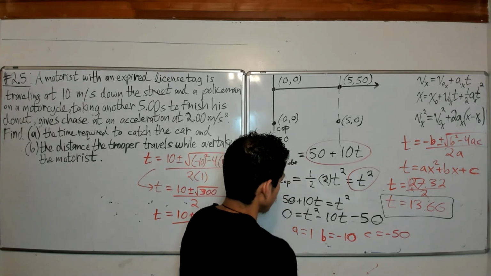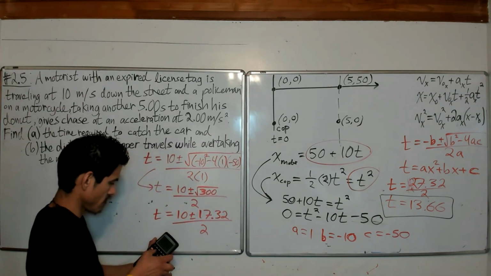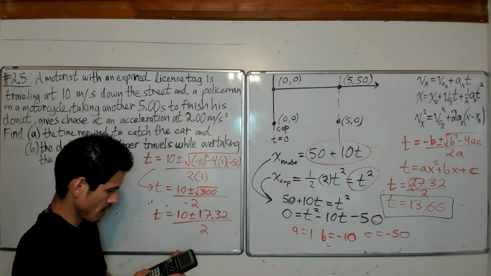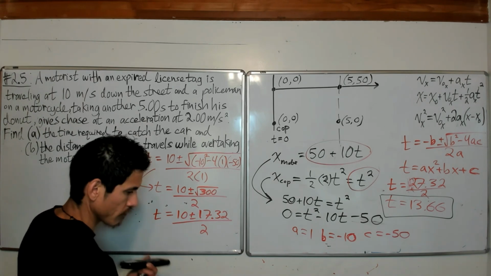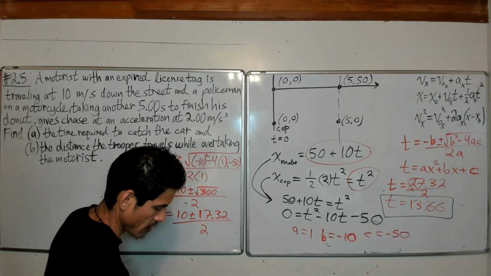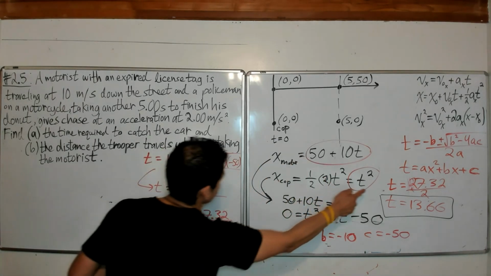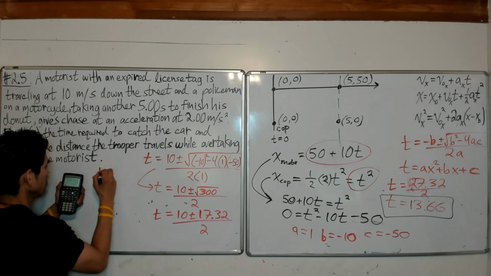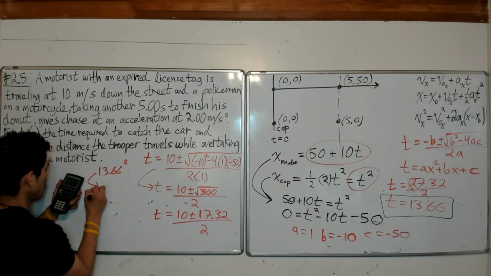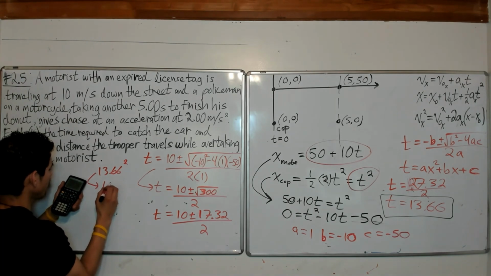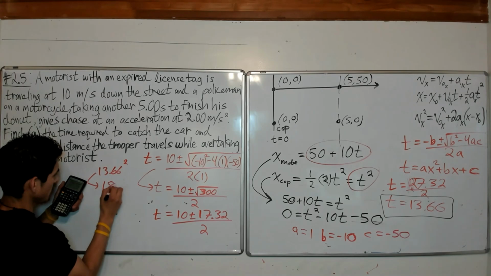So let's say we did 13.66 squared. Fumbling my markers. So I use this guy, I'd have 13.66 squared. That would give me about 186.6.